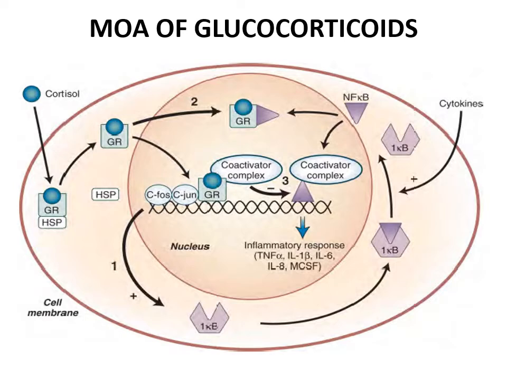Following translocation to the nucleus, gene transcription is stimulated or repressed following binding of dimerized glucocorticoid receptor ligand complexes to a specific DNA sequence in the promoter region of target genes. So this is the basic mechanism of action of glucocorticoid receptor.